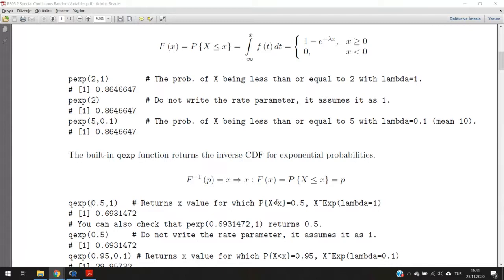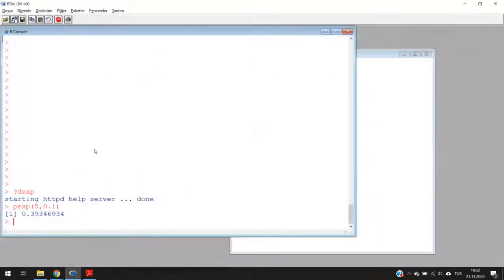So, for example, for this question, we need to write qexp(0.5, 1), and this means the probability that an exponential random variable with rate parameter 1 is less than or equal to this value will be 0.5. So exactly inverse. In fact, we can just copy this value and test it here.